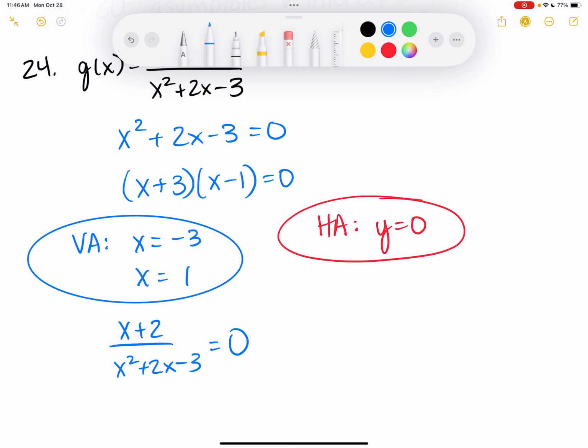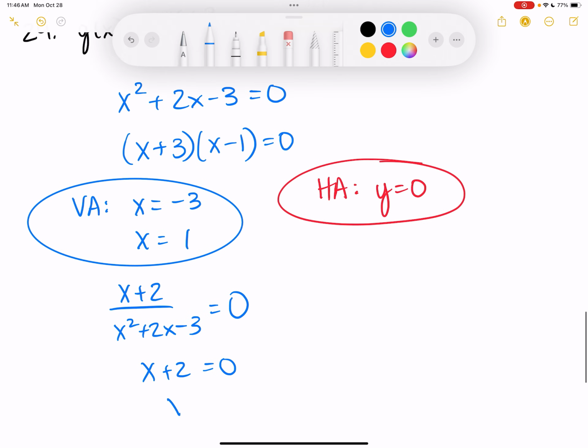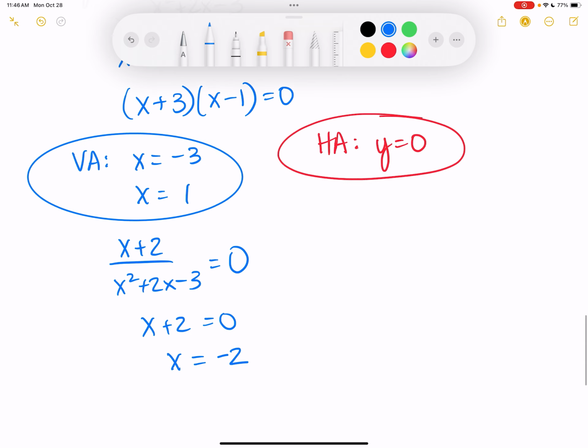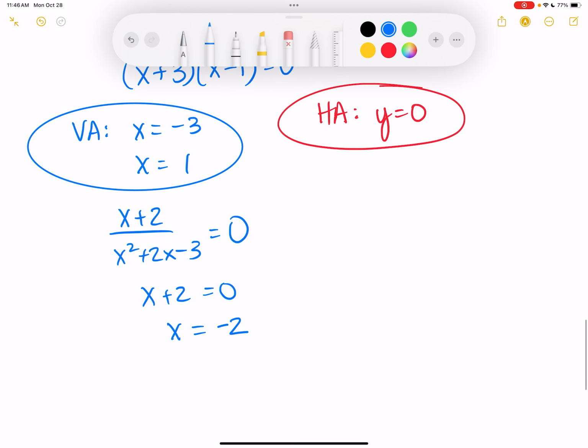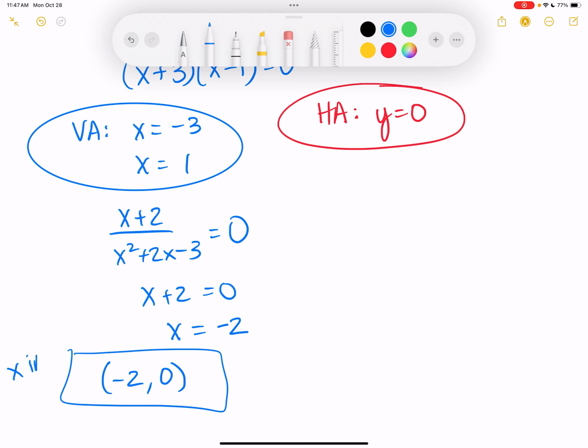So all I really care about is the numerator. So x plus 2 equals 0. So x equals negative 2. Now that means that my intercept is at a point. That means where it crosses the x-axis is at negative 2, 0. So this is the x-intercept here.